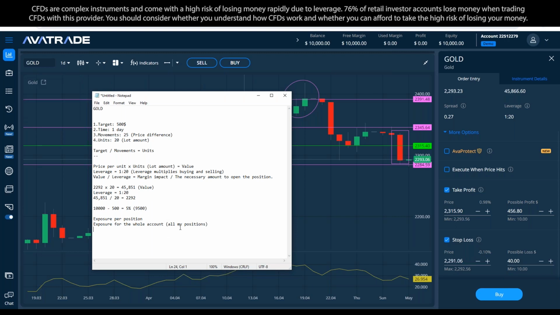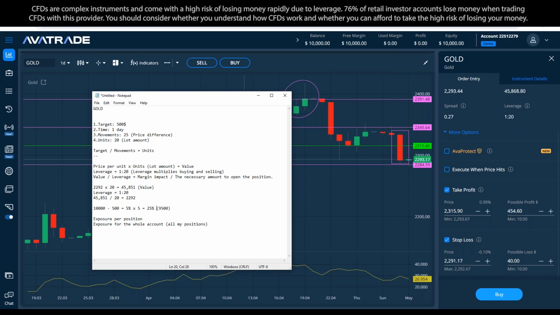Now, this is something that people might not pay attention to, and it's important. If I'm taking this position and it's 5%, I'm exposed 5%. Let's suppose I have another 4 or 5 positions just like this position. So my 5% will become how much?